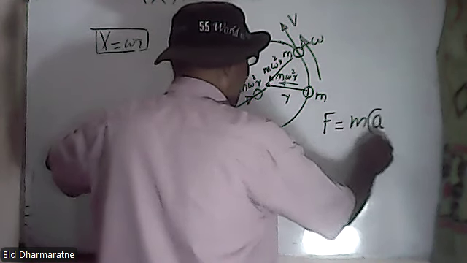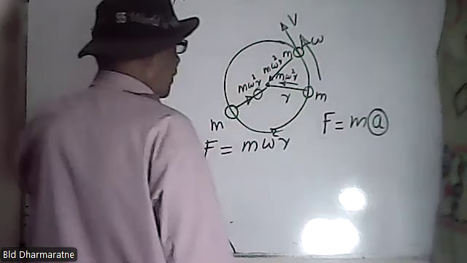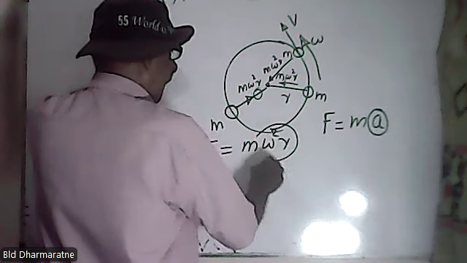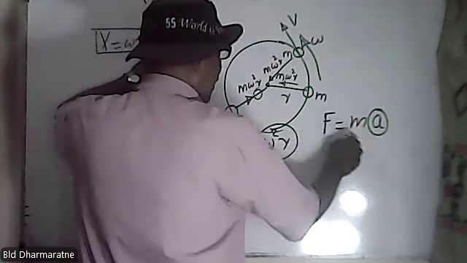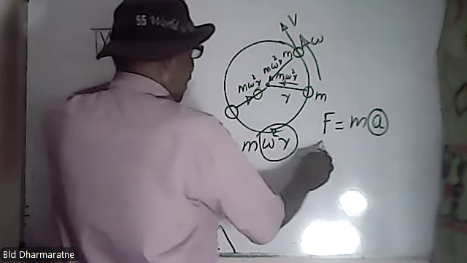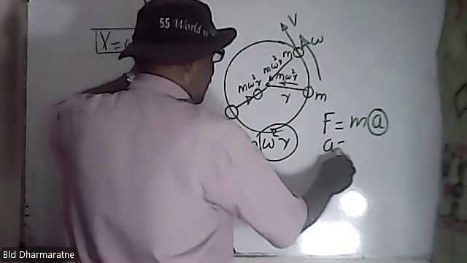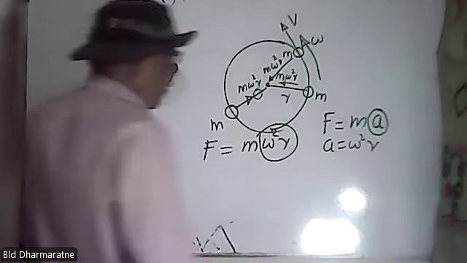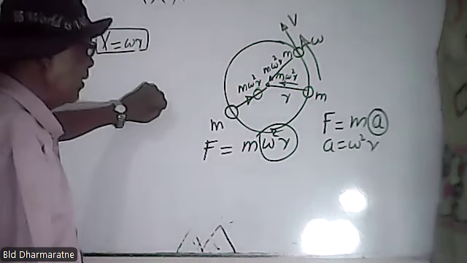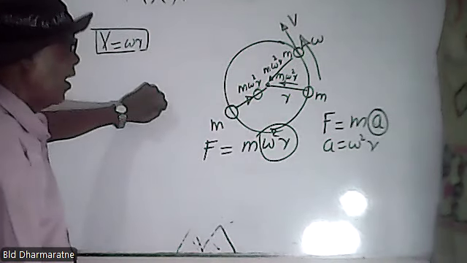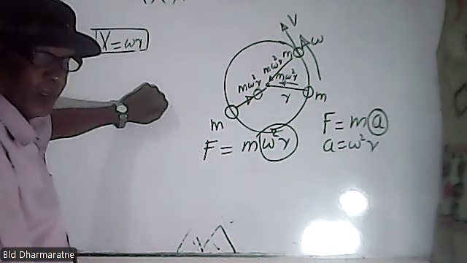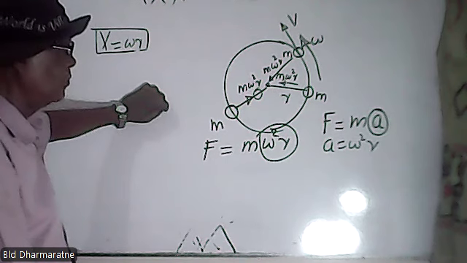A is the acceleration. Here the acceleration a equals omega squared r. M into acceleration is the force, in Newtons.